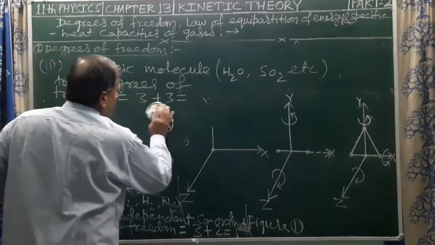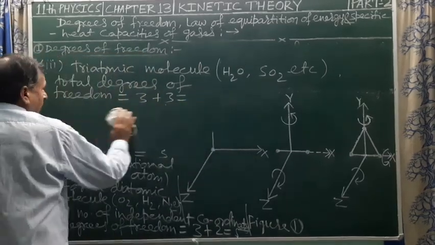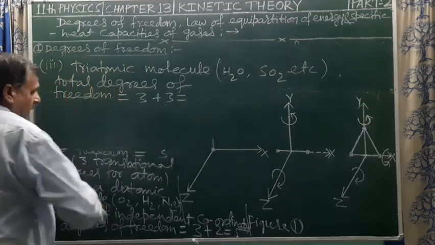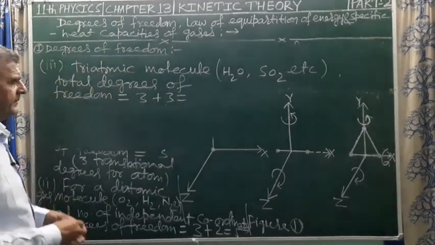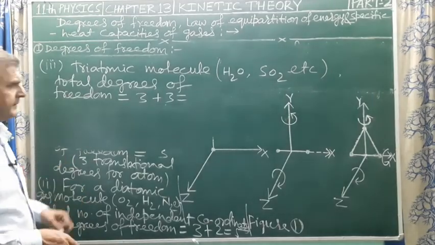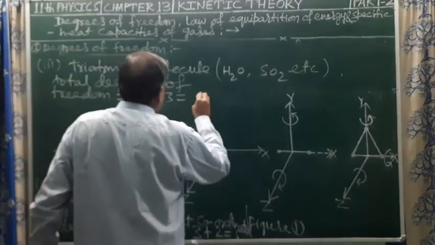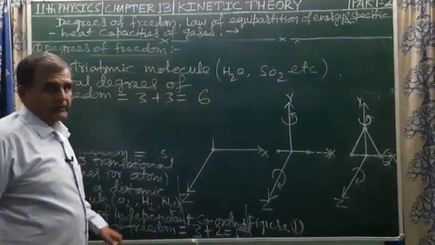Total degrees of freedom for a triatomic molecule. A triatomic molecule may be liquid or gas. So it is 3 plus 3, that is 6 total degrees of freedom.